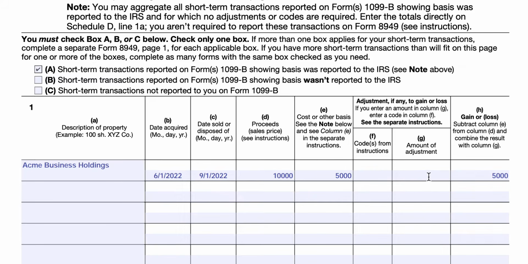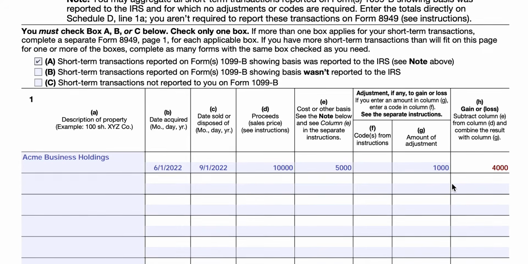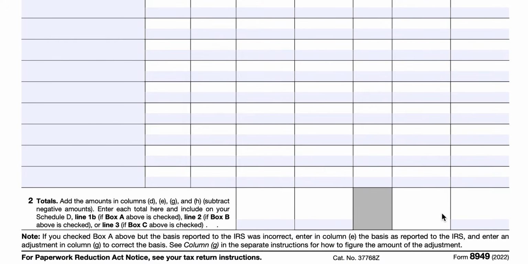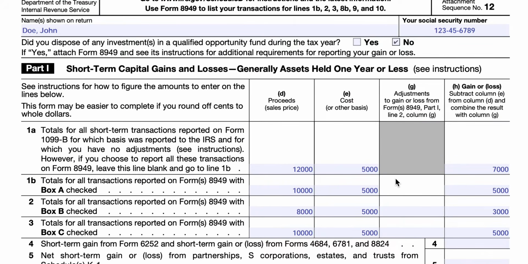You would enter the amount of adjustment here. Let's just call that a $1,000 adjustment. So now my taxable gain or loss is actually $4,000. This would actually go in here. And then it gets reported up here as a $1,000 adjustment. Okay, so that's how you would enter adjustments for these transactions.